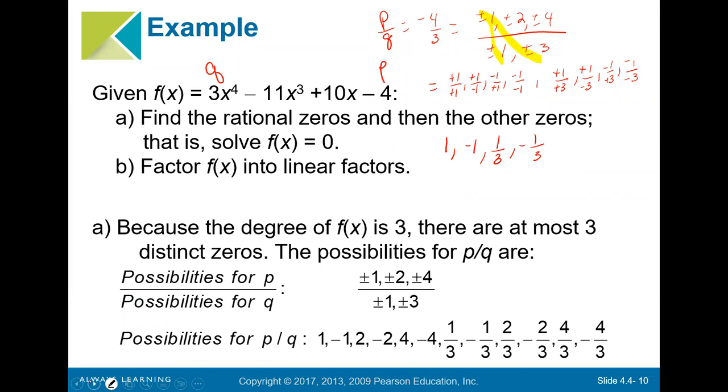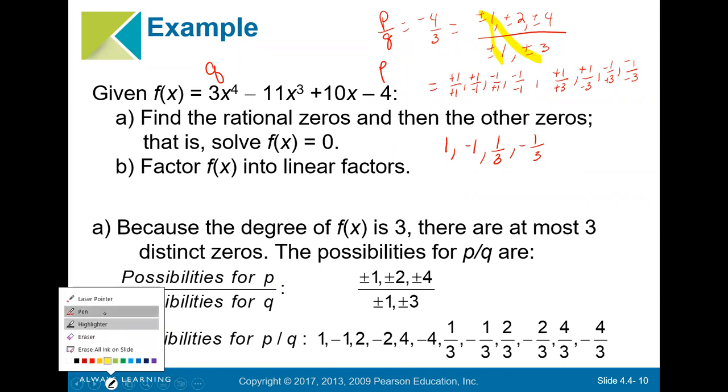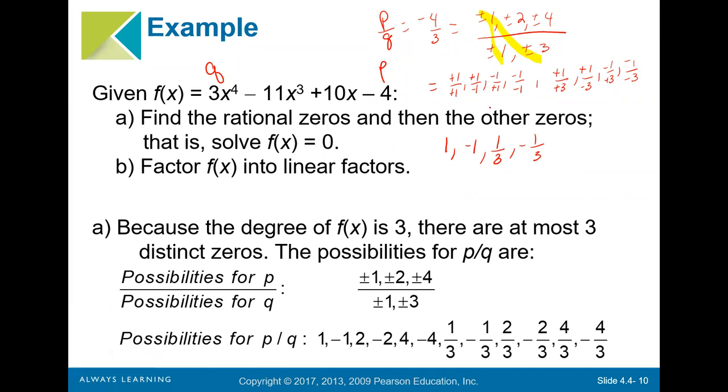Now let's go to the 2. Let's do 2 next. So now I have a positive 2 over positive 1, -2 over positive 1, positive 2 over -1, and a -2 over -2. So that tells me I have a possibility of positive 2 and -2.